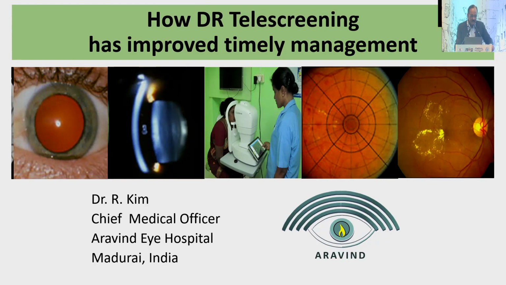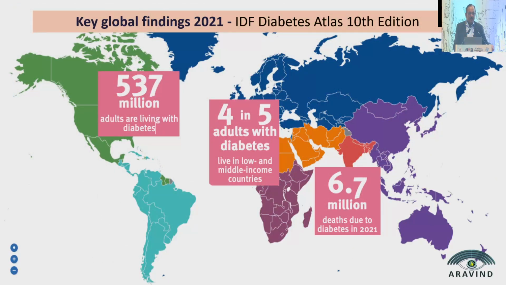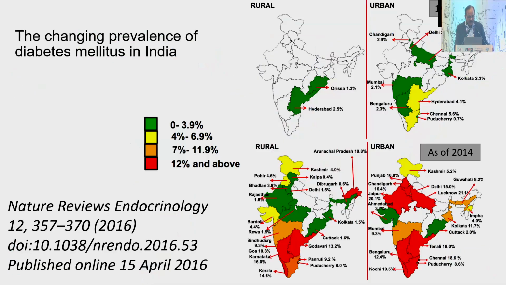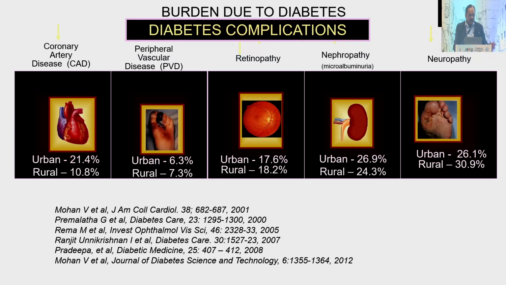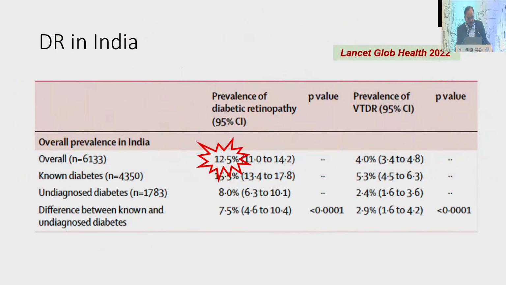Most of my talk is on diabetic retinopathy screening, not so much on the outcomes, because as Dr. Rajiv pointed out, I'll come to that part later. We do know the burden; Rajiv really brought out the epidemiology, the prevalence of diabetes and diabetic retinopathy in our country, which shows the importance, especially for retina people, because the amount of problems that we need to manage is so huge.